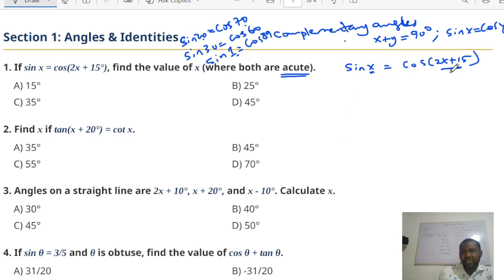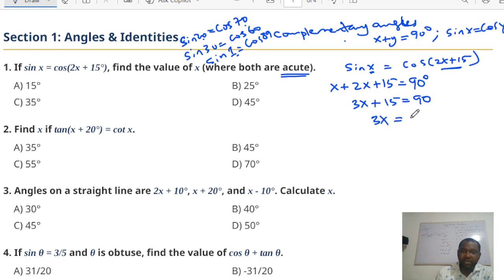So whenever you see a setting like this, it means that these two angles are complementary. That means the sum of the two angles, x plus 2x plus 15, is equal to 90 degrees. Kindly note that. Very important. So x plus 2x is 3x plus 15 equals 90.